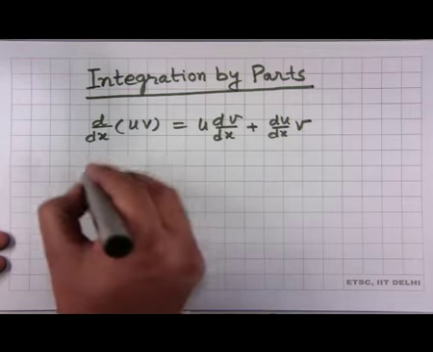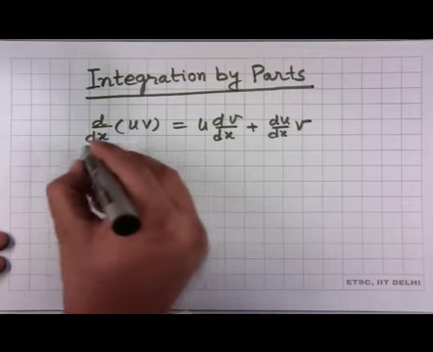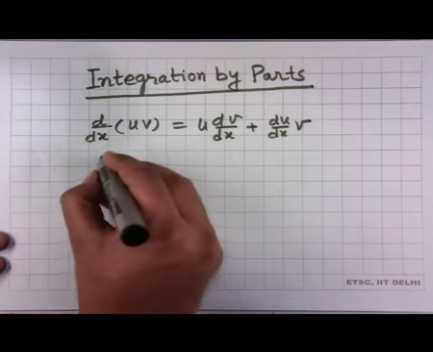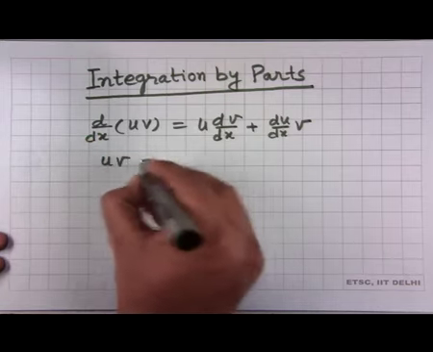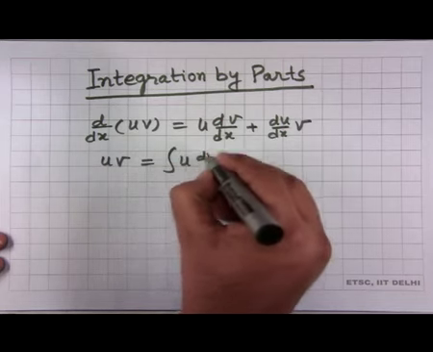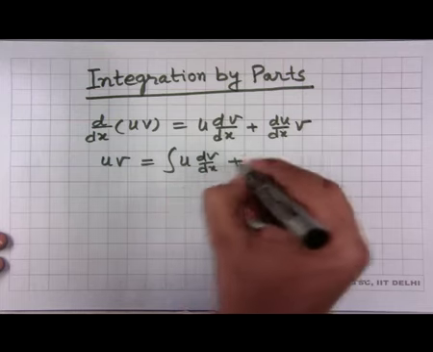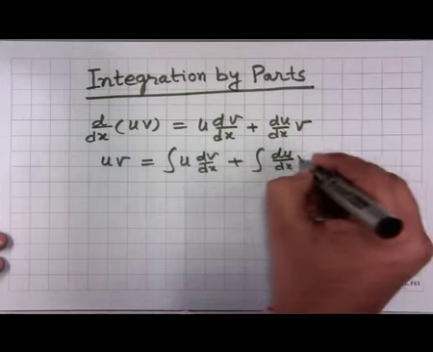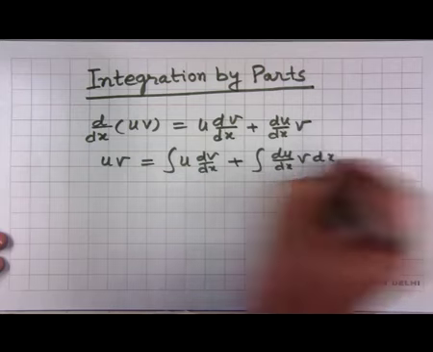If we integrate this throughout, since we can operate this integral operation, we get uv equals integral of u dv over dx plus integral of du over dx times v dx.